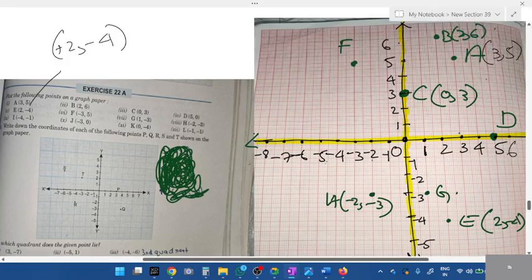Next, I is minus 4 comma minus 1. For which quadrant is it? Which quadrant, students? Third quadrant, I.